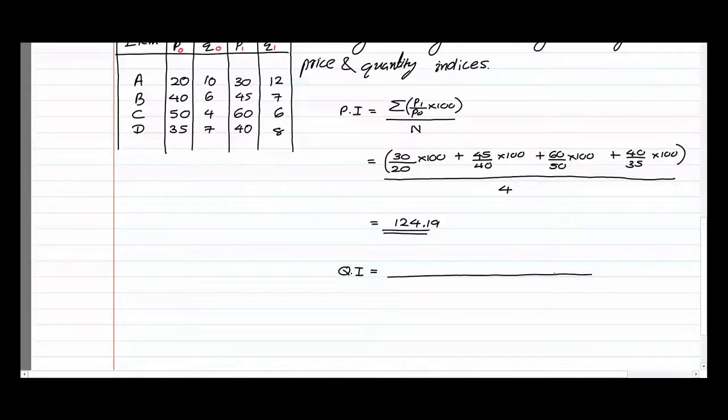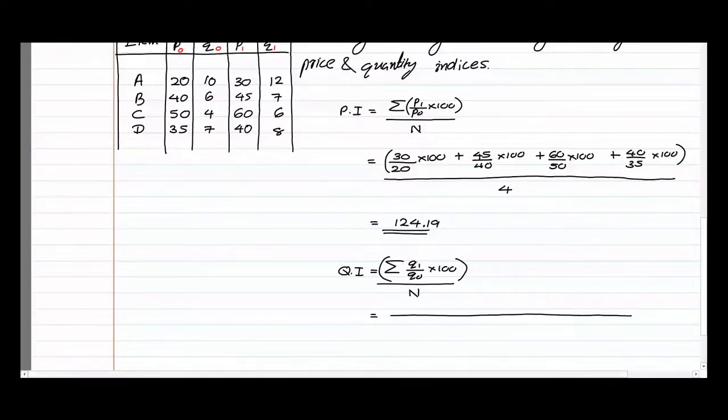This is Q1 over Q naught into 100, divided by N. Here for this you take item A. Sorry for those disturbances. For A it is 12 over 10.